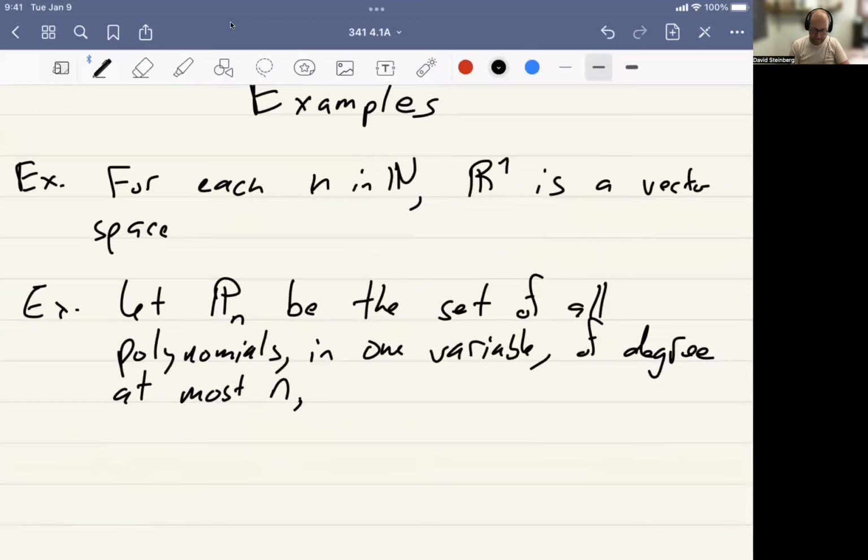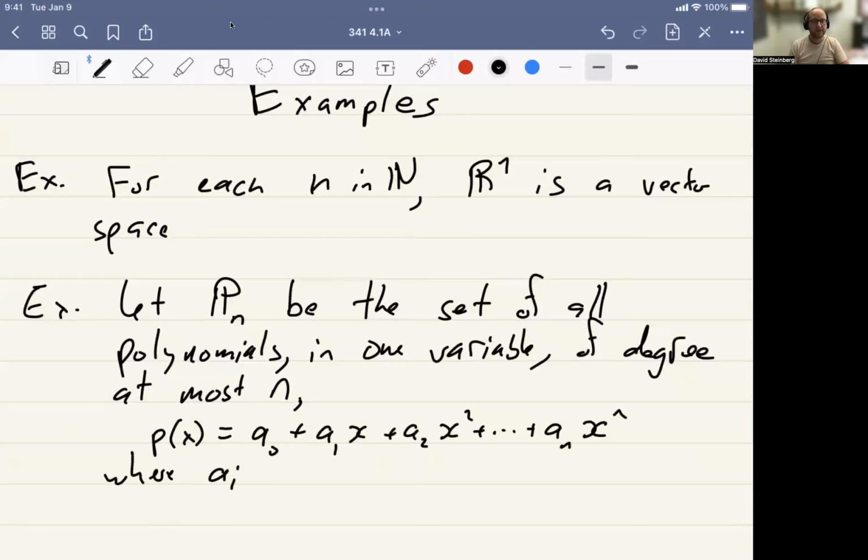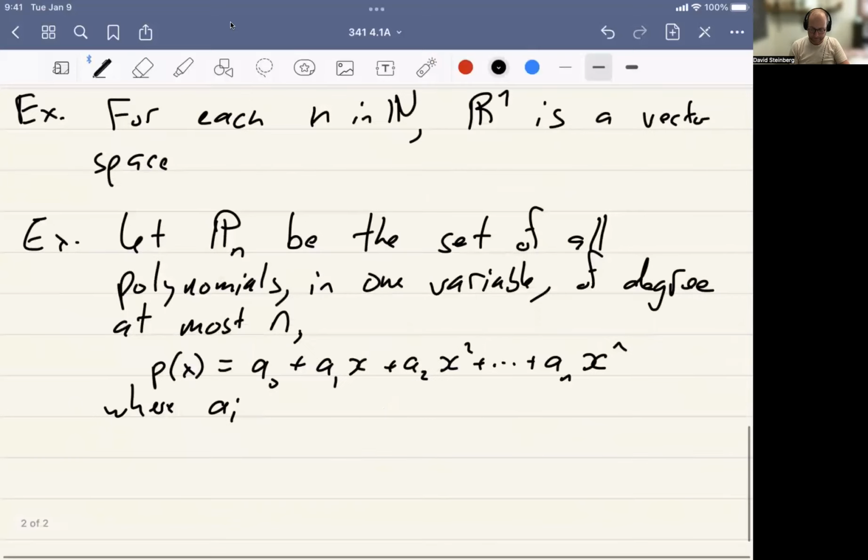So in other words, such a thing looks like this: p of x is a0 plus a1x plus a2x squared, and on and on, up to an x to the n, where each of these a_i are real numbers. And I claim that Pn becomes a vector space.